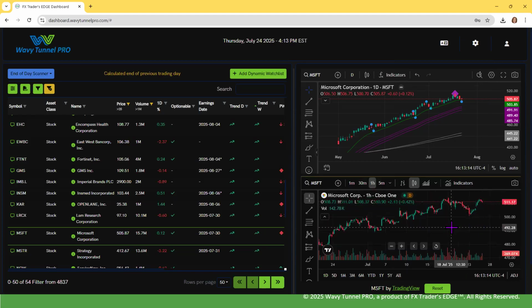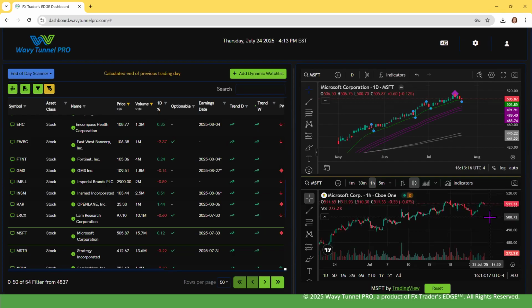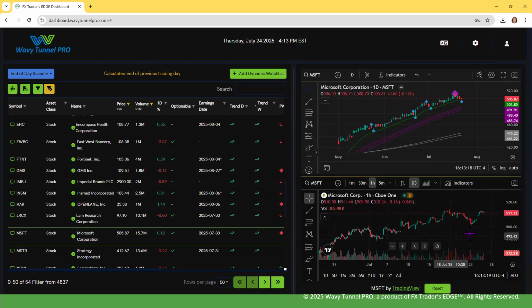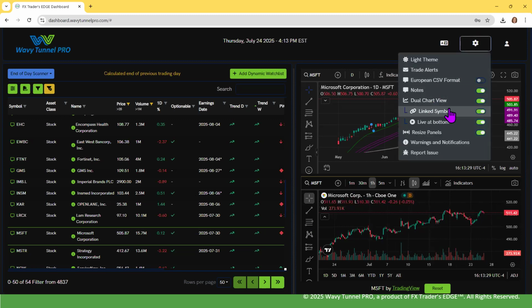I have it set to the hourly chart. But I tend to use TradingView on my other screen to get the live market data, and I prefer to have the weekly and the daily on this chart. So I'm going to turn it back.